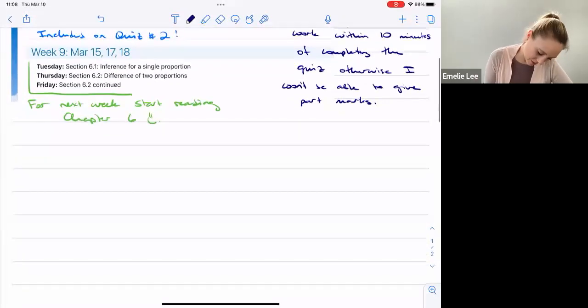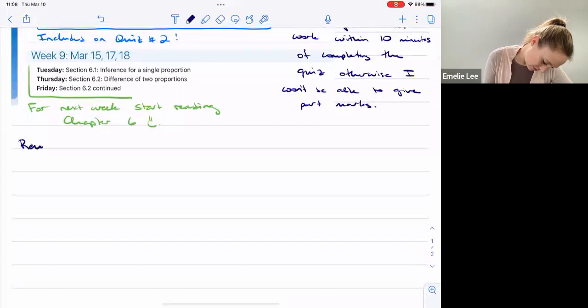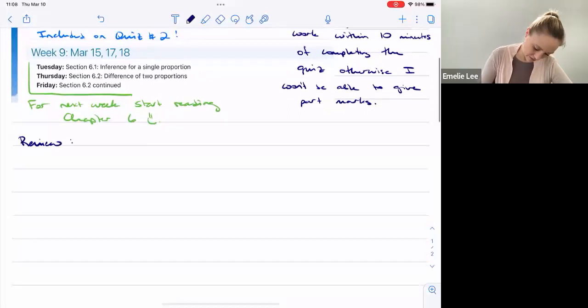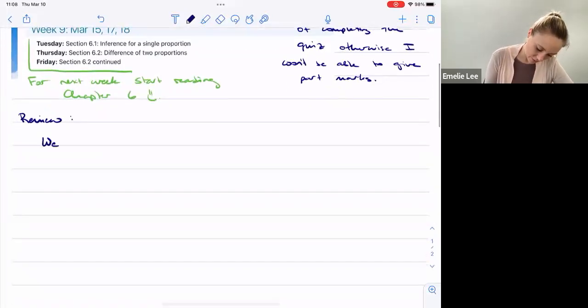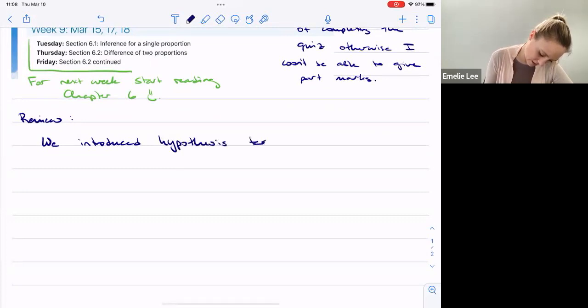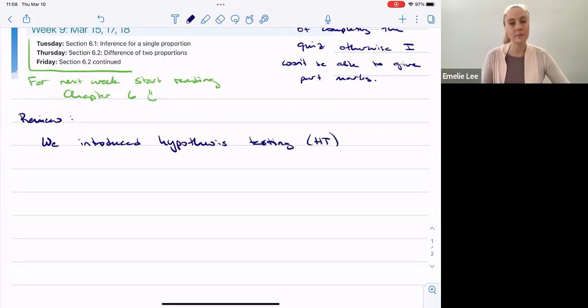But just as a little bit of review, we introduced hypothesis testing, which I'll abbreviate HT, using the confidence interval approach.